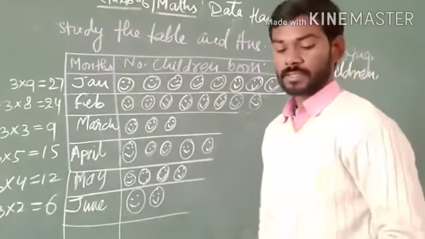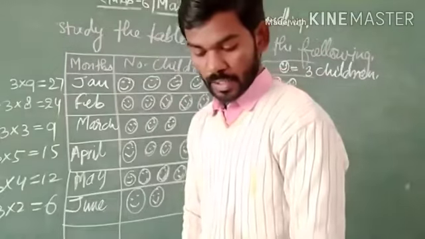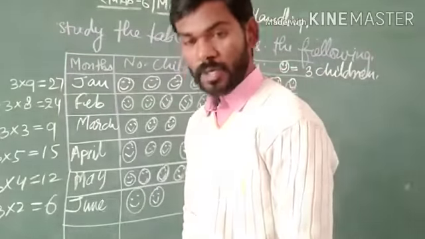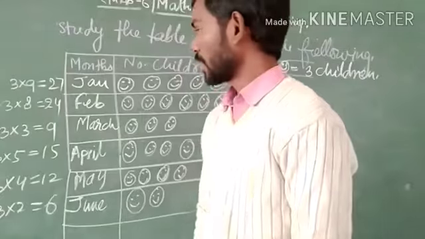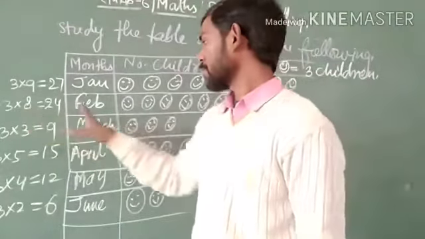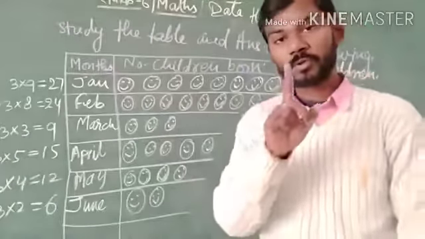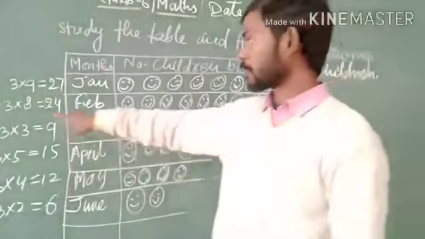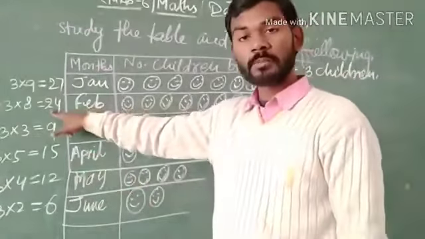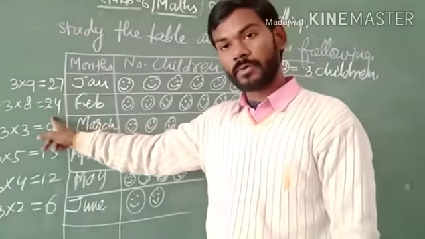Now, listen to the question. The first question is, how many children were born in the month of February? Here we can see that in the month of February, the number of smileys is 8. Since one smiley is equal to 3 children, the number of children born in the month of February is 24.